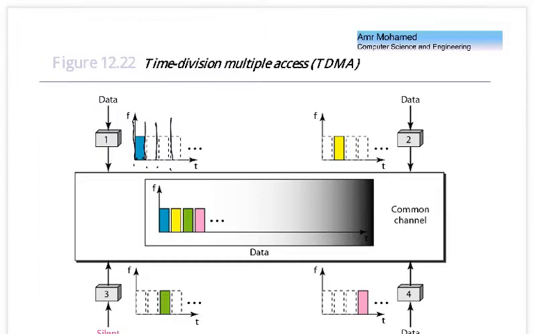And regarding the fact that these nodes use different clocks, there may be some clock drift that will cause one node to start a little bit before or a little bit after the time slot that it should use. In that case, there may be some overlap.